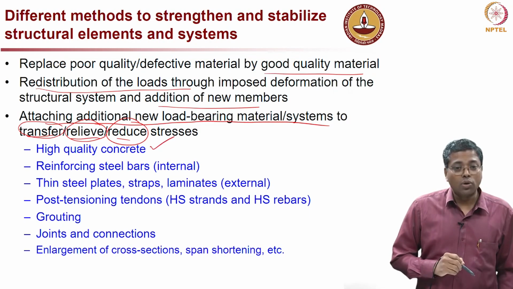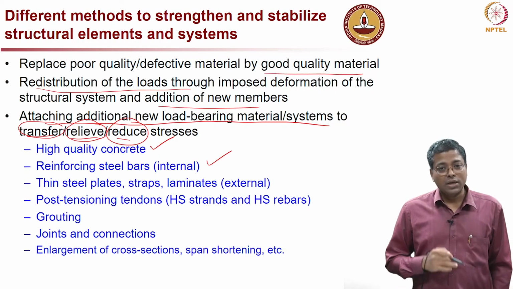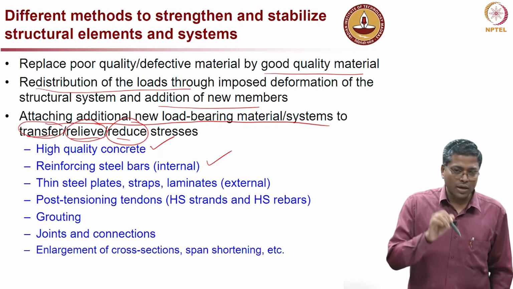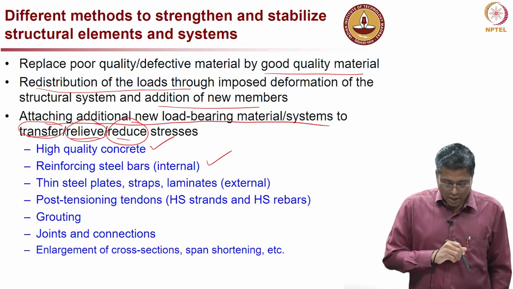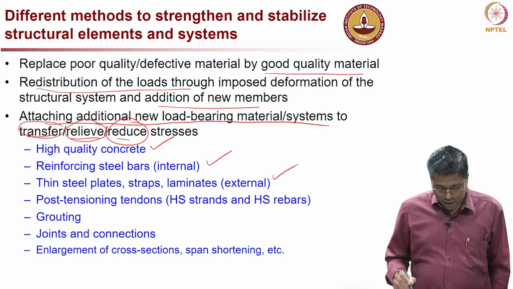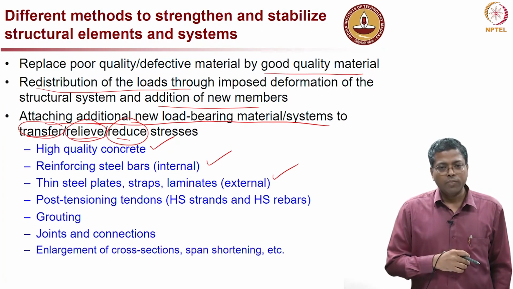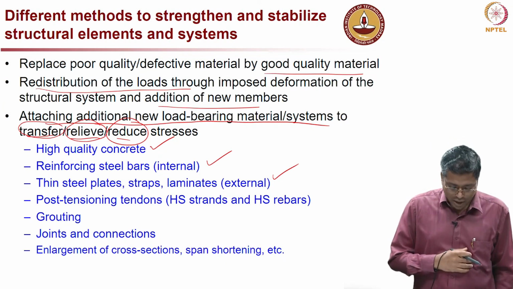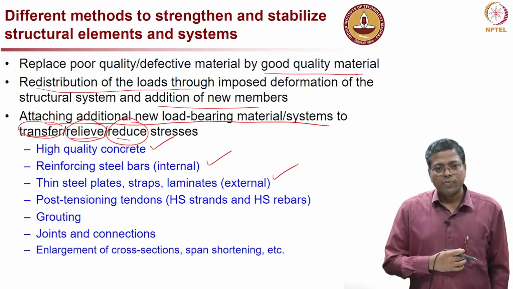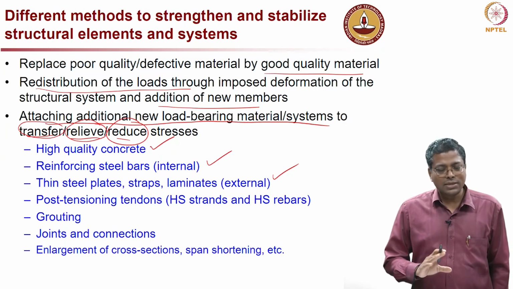By using high quality concrete, by using reinforcing bar internally, maybe by drilling an extra hole in the concrete and then providing a bar inside, that will help, and also sometimes by thin steel plates or non-metallic FRP or fiber based straps and laminates which are usually placed as an external member.